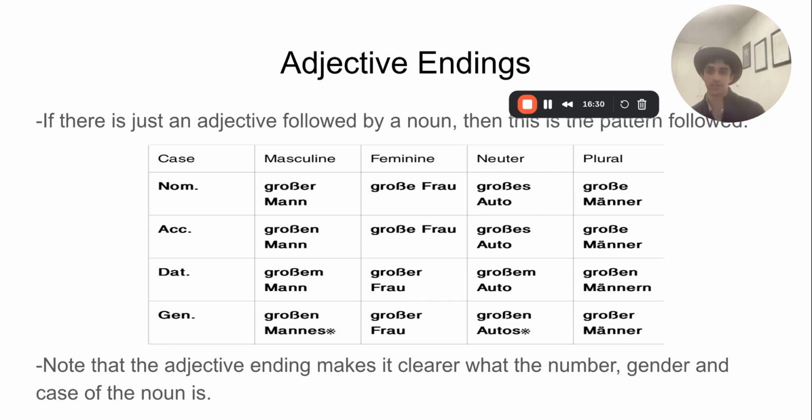All of the rest of the changes only regard the adjective. The noun itself otherwise remains the same, apart from the genitive singular for masculine and neuter nouns and the dative plural. In the vast majority of the cases, the noun is not going to change at all. Occasionally, there's a few specific instances where you must change the noun ending. Genitive singular for masculine and neuter nouns is one of those.